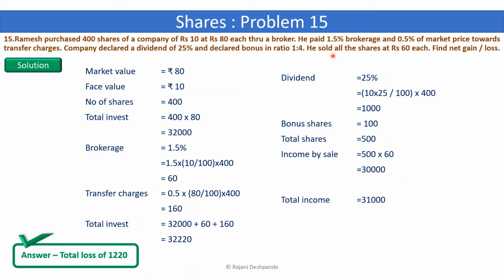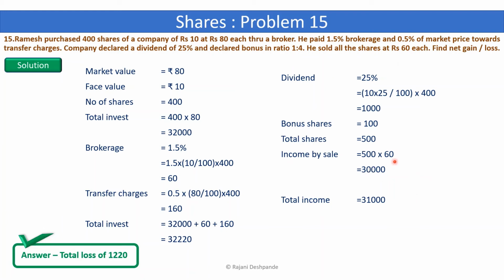Now he sold all the shares at rupees 60 each. He had bought the 400 shares for rupees 80, but now he is selling all the shares, that is 400 shares which he bought and the 100 shares which he gets as the bonus shares. So 500 shares for rupees 60 each.